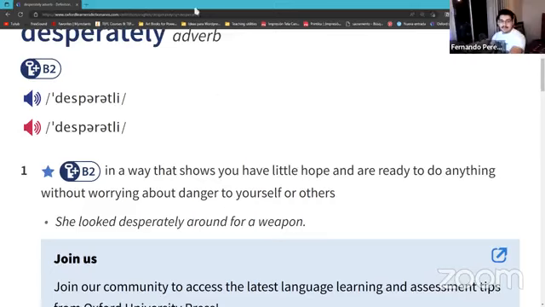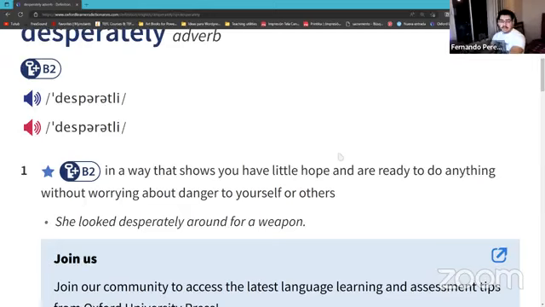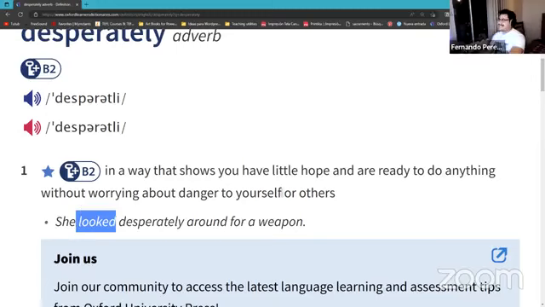Exactly. The way she's doing what in this case? Looking. That's right. One more time. Organize your ideas. It's describing how she was looking for a weapon. Perfect. How she was looking for a weapon. That's right.